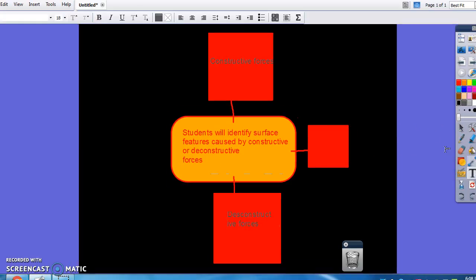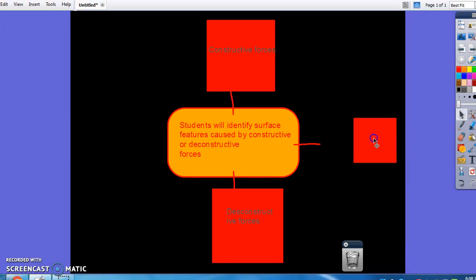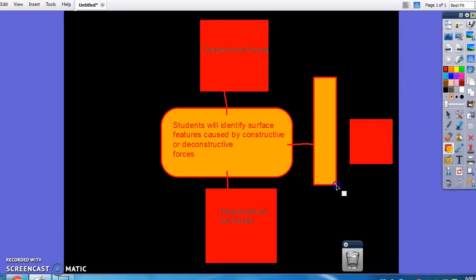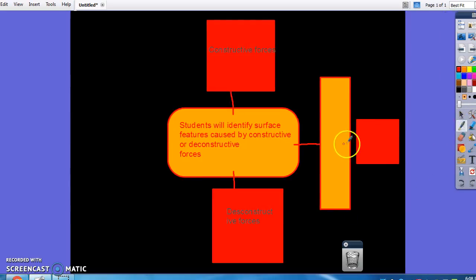And then finally in this box, I need to put, actually it needs a separate box to lead to it. So I'm going to make that one a little different. Because just like in the video that we watched, sometimes you have to have a way of how you're going to be using it.